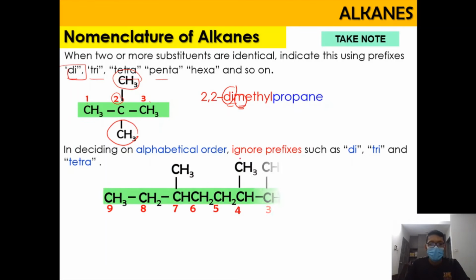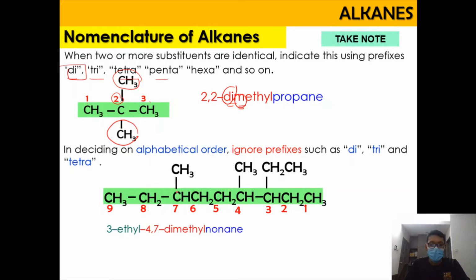Okay, for example, here 1, 2, 3, 4, 5, 6, 7, 8, 9. So we have 9 longest carbon chain. So the naming here gonna be nonane because 9, and then the ethyl gonna be situated at carbon number 3. Okay, so it's gonna be 3 ethyl. The methyl, which is 2 groups here, gonna be situated at carbon number 4 and carbon number 7.